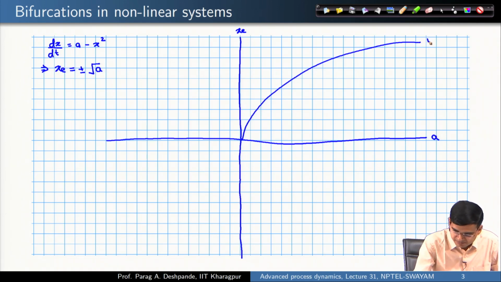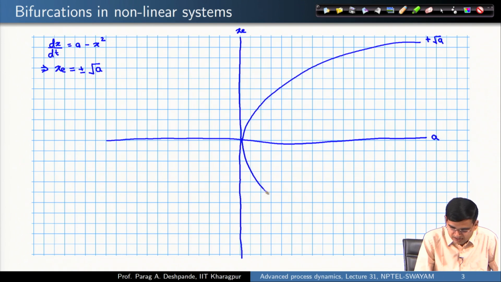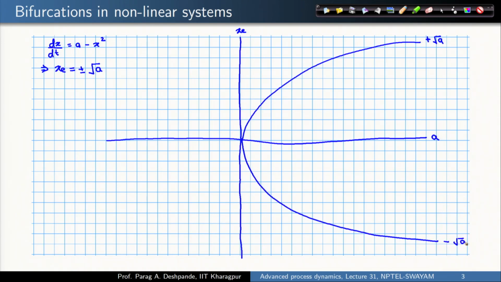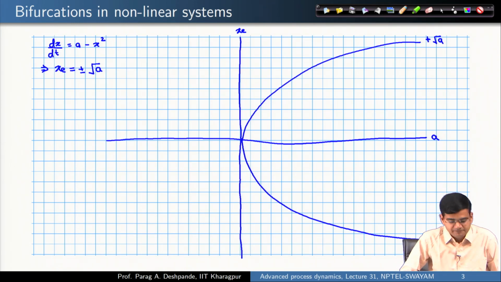So, this is plus root a, and x e is equal to minus root a would look like this. This is minus root a. Now, I need to determine whether these two parts are stable or unstable.